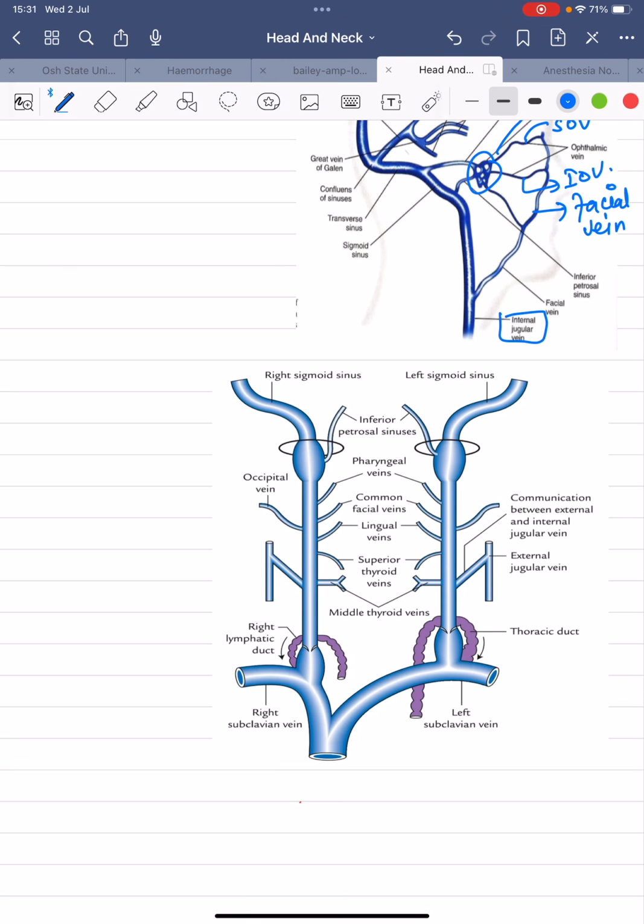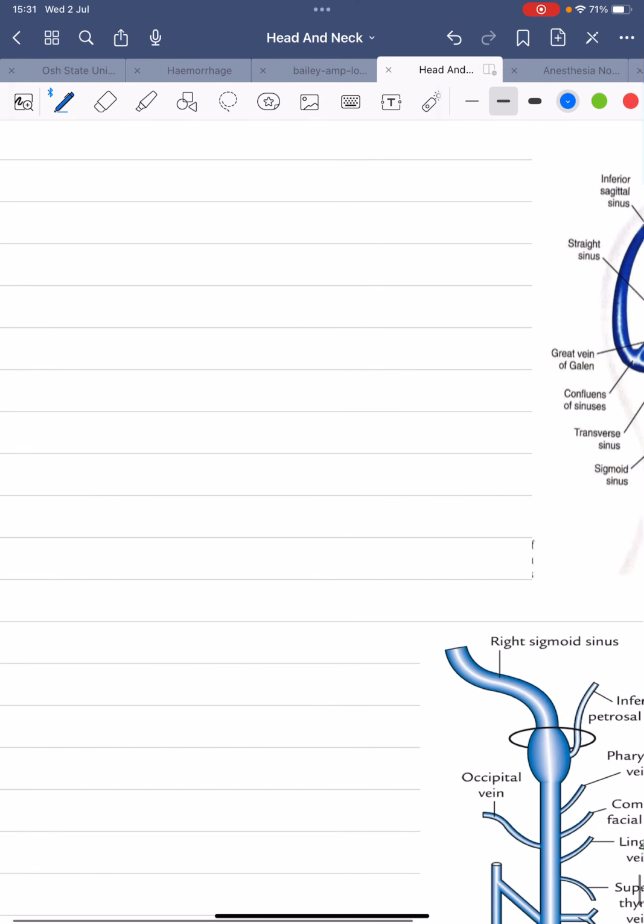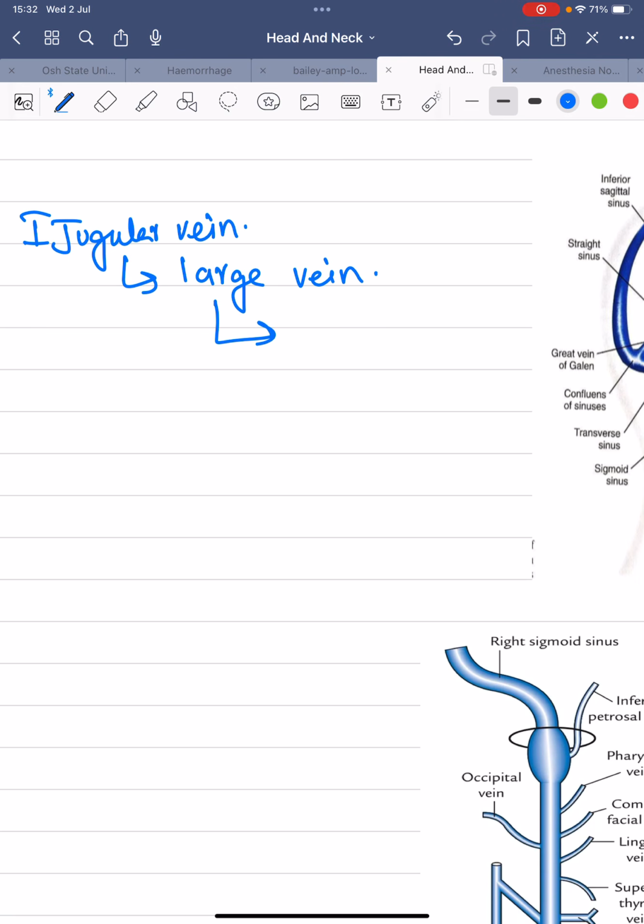Please remember, the internal jugular vein is a large vein that receives blood from the brain, face and neck region also. Okay, it is receiving the blood from the brain, face and neck region.